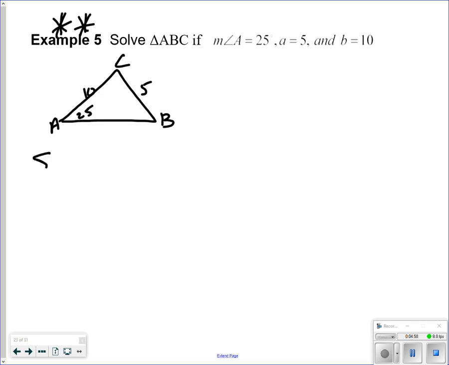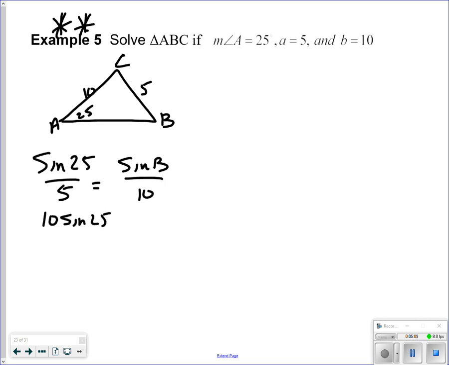Here's how you know. Go ahead and start doing the law of sines, just like you always would. So the sine of 25 over 5 equals the sine of B over 10. Cross multiply. Divide. So now on my calculator, I'm going to do 10 times the sine of 25 divided by 5.